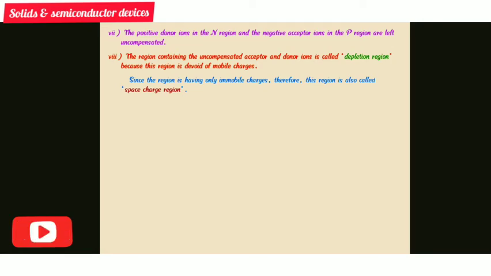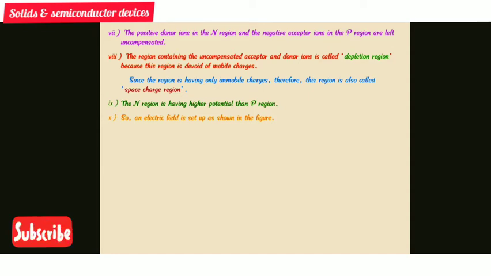Since the region has only immobile charges, it is also called the space charge region. Ninth, the n region is at higher potential than the p region. Tenth, so an electric field is set up as shown in the figure.